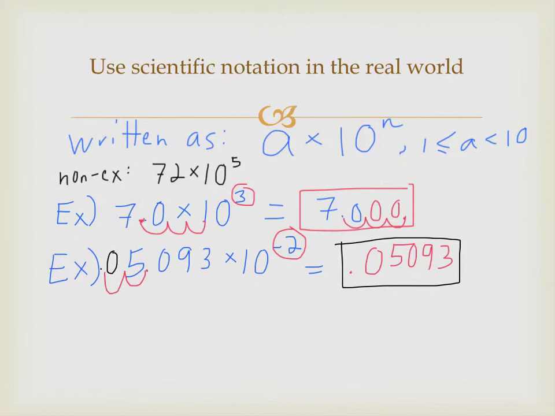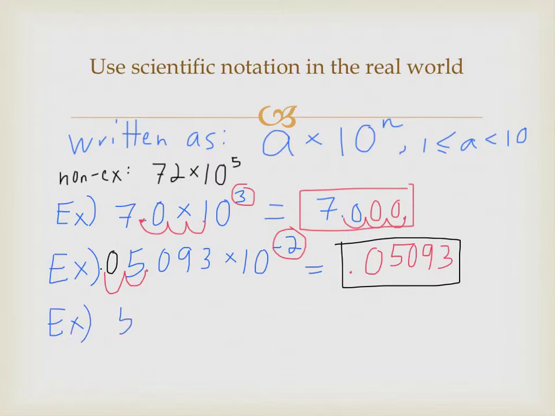I'll do one more example and then I'll leave a couple for you. So now instead let's go from just a regular old number and turn it into scientific notation.